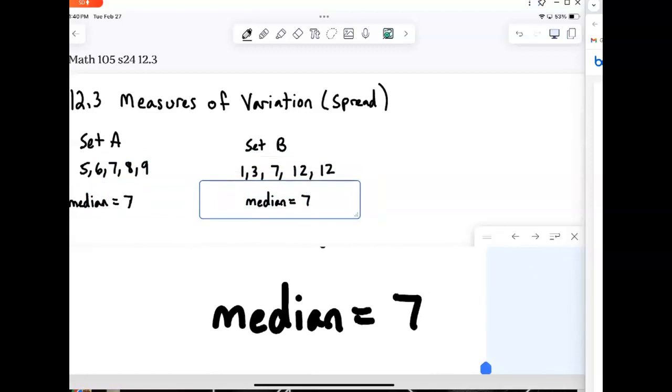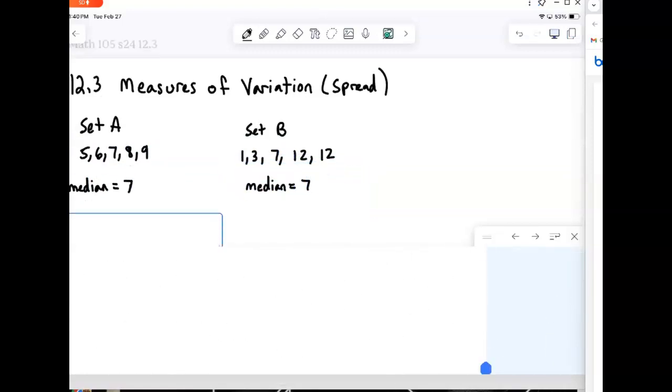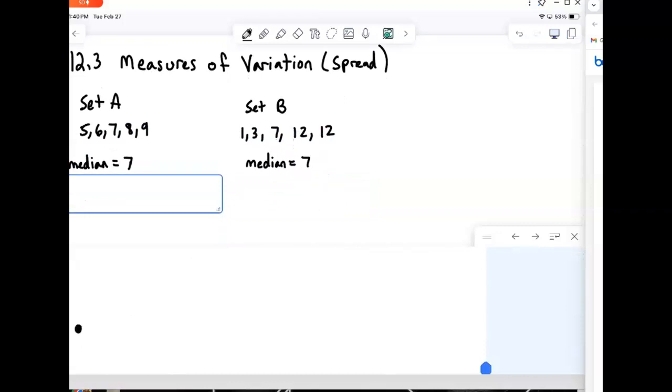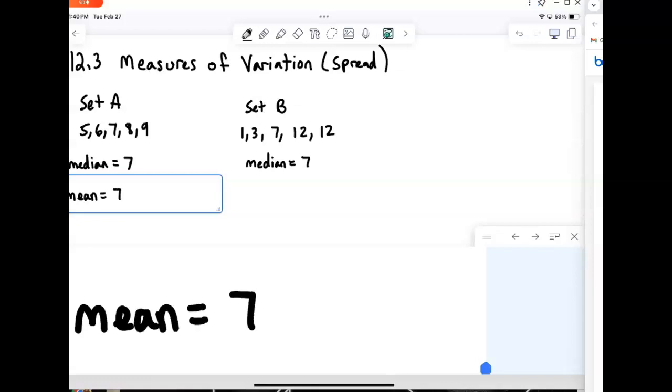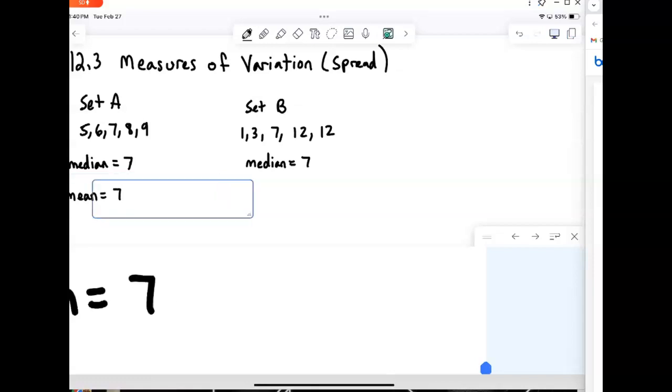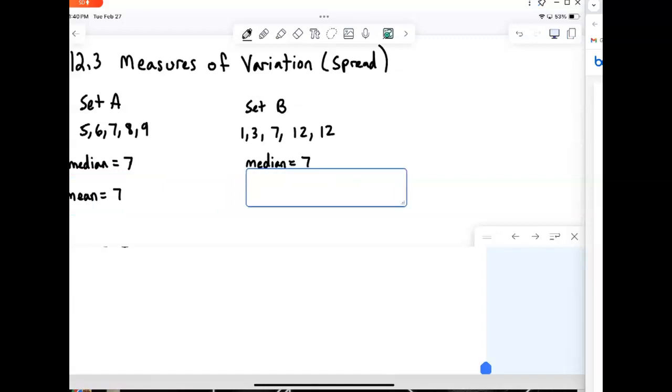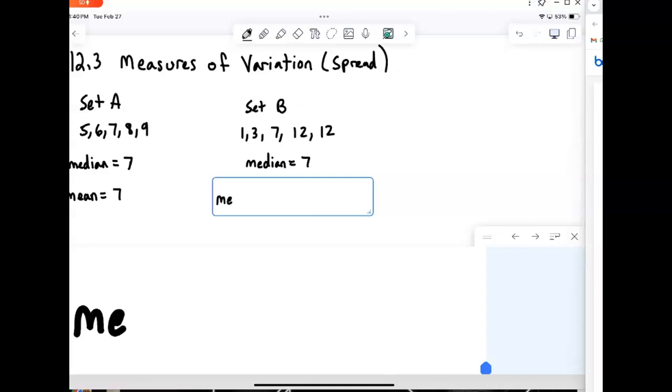So both these data sets have a median of 7. And if we compute the mean, add each data value up and divide by 5, we will also get 7. So both sets of data have the same middle, the same median and the same mean.